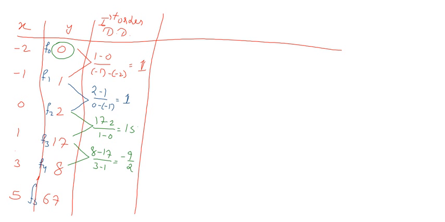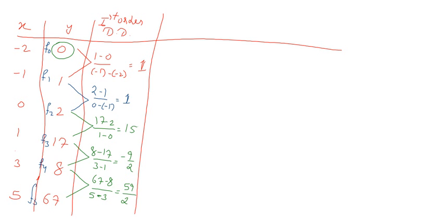Now for the last entry, it is 67 minus 8 divided by, f5 minus f4 divided by x5 minus x4, that is 5 minus 3. So 67 minus 8 is 59 divided by 2. So these are the corresponding first order divided differences column.